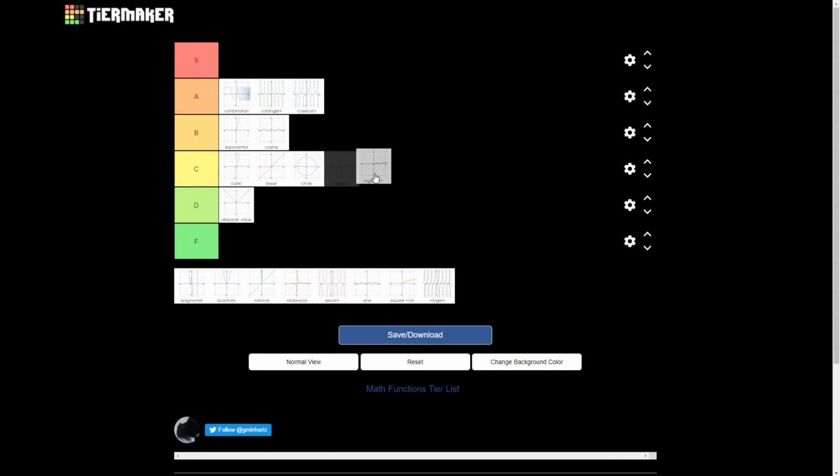Logarithmic. Now this one, it goes to infinity, and in the y, it's just really slow at doing it. I guess everything here kind of, no, not necessarily. But it does go to infinity just really slow.